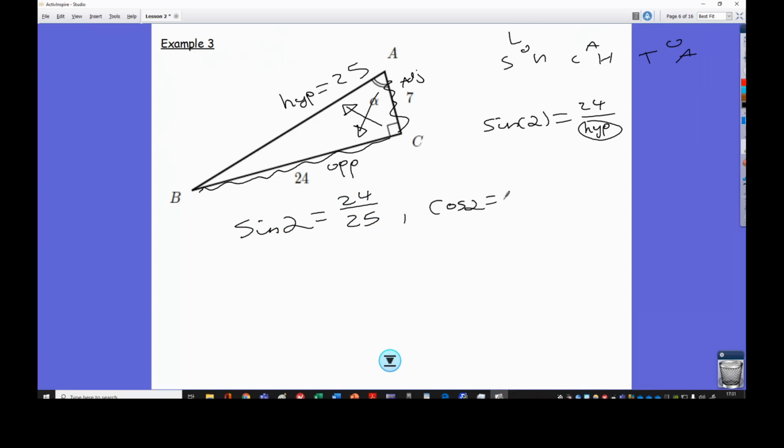Cos alpha is equal to the adjacent, so 7 over the hypotenuse 25. Tan alpha is equal to the opposite over the adjacent, so 24 over 7, and that is that. We don't need to convert these to decimals or mixed numbers, that is fine.